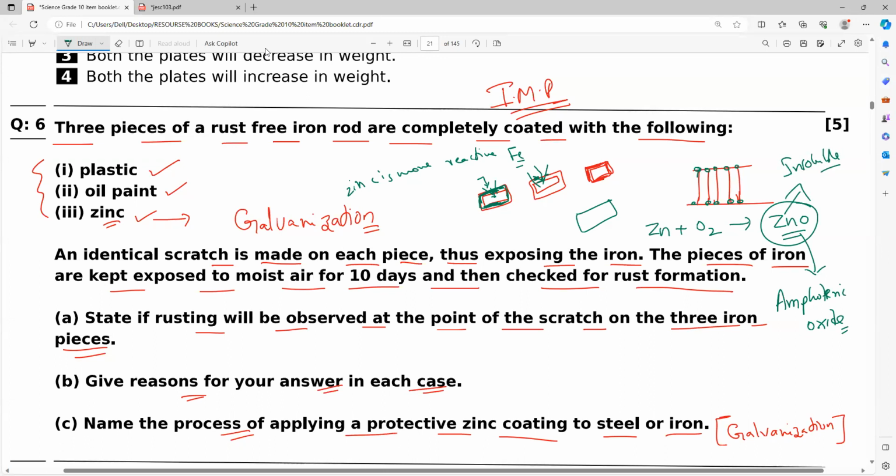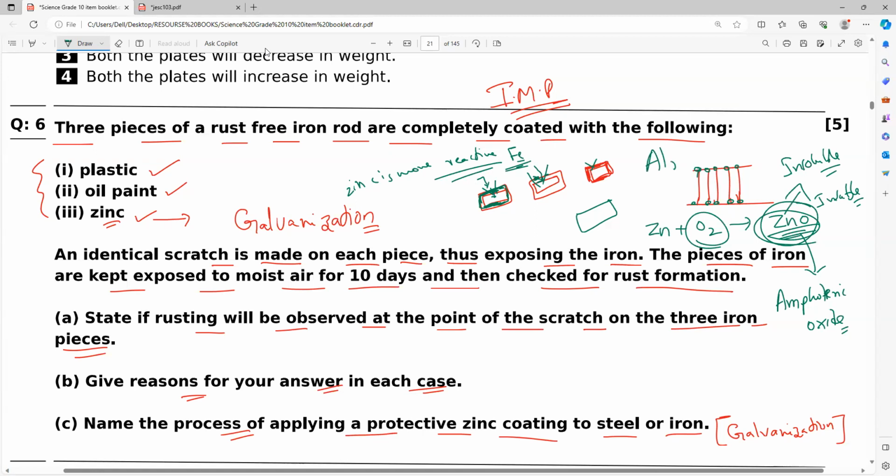It acts like insulation, so further oxygen cannot go inside. That is why, even though there is a scratch, zinc, being more reactive than iron, will react with oxygen and form a protective layer of zinc oxide. Another metal does the same thing: aluminium.